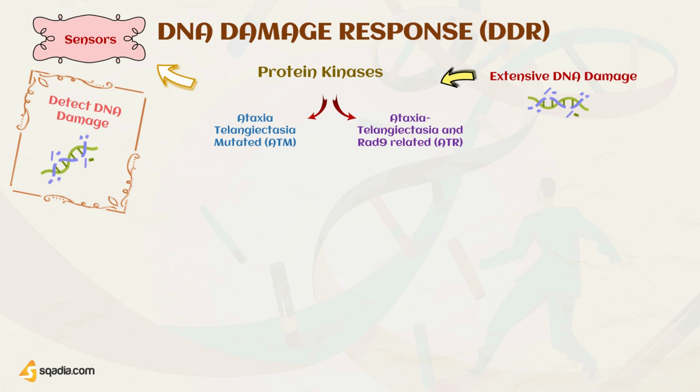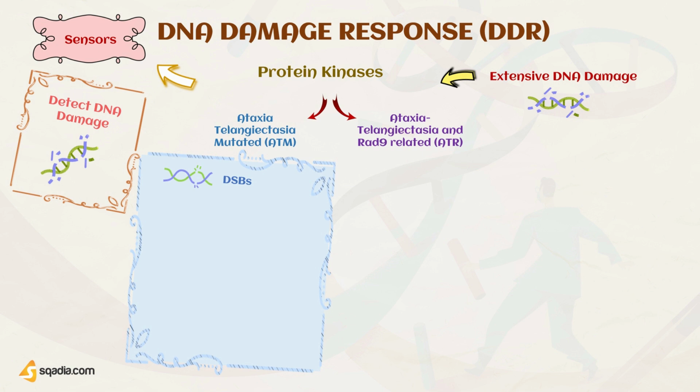Now, let's see how ATM is activated. The MRN complex, or MRE11, RAD50, and NBS1 complex, recognizes and binds to the double-strand breaks, or DSBs.